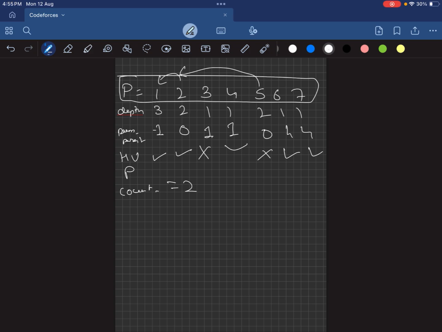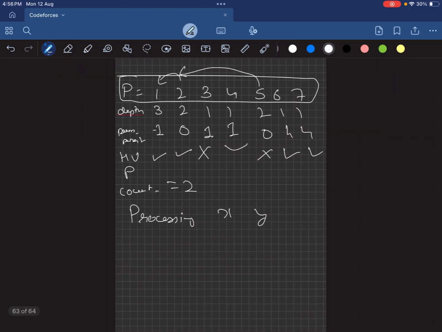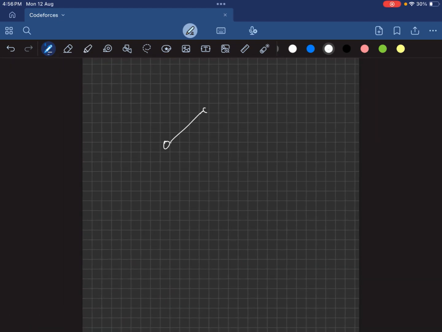Okay. Now we maintain these two things, and we are processing the queries of the form x comma y. If we exchange x comma y, what would happen? In a tree, which relations in this array will get affected?